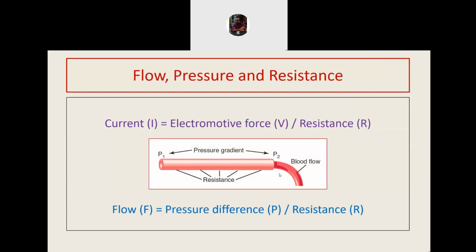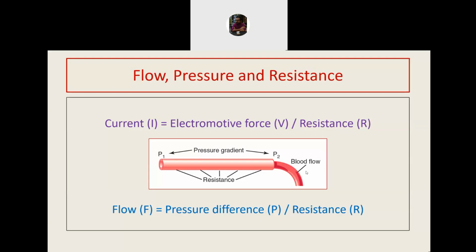We have discussed in the previous episodes the analogy between Ohm's law of electrical current flow and the concept of cardiac output and peripheral resistance adding up to the blood pressure. Ohm's law predicts that the current I is equal to the potential difference, which is the electromotive force, divided by resistance.